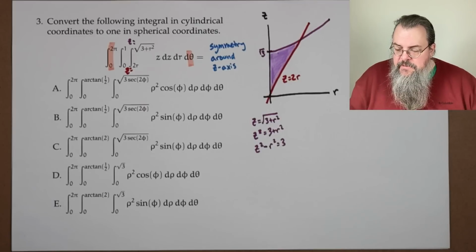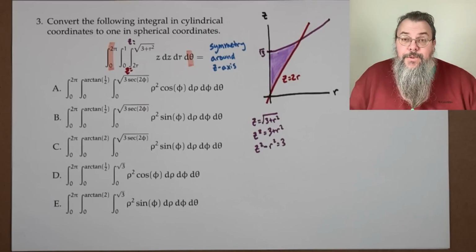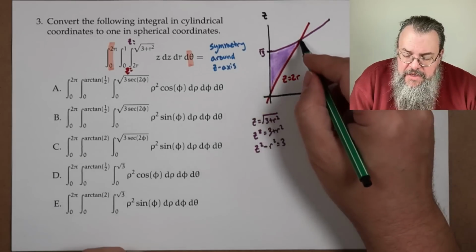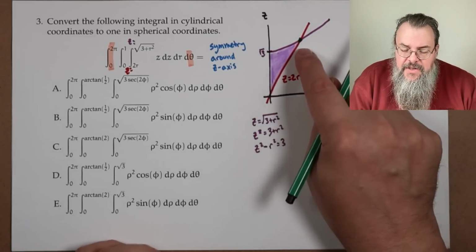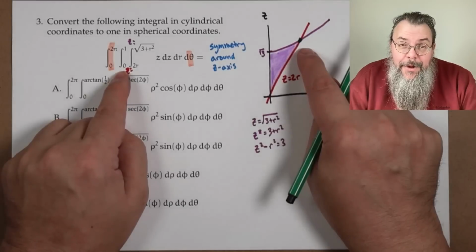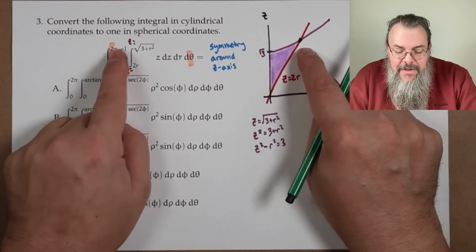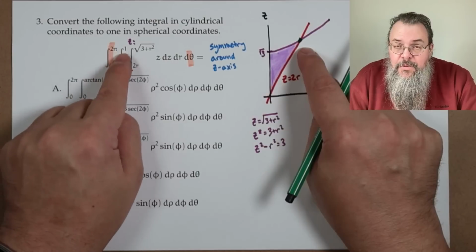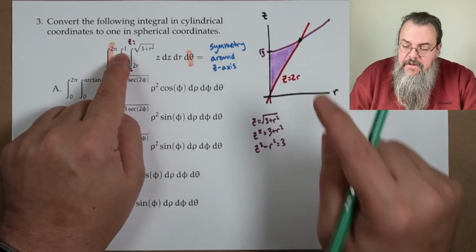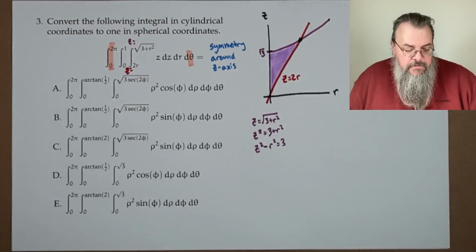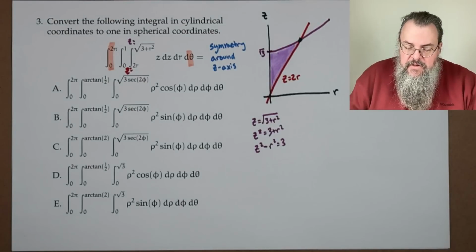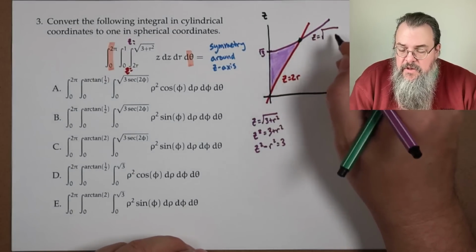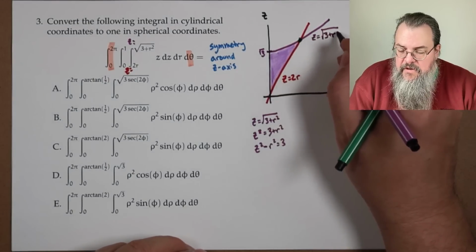Now, one important thing we need to figure out is where do they intersect? We really hope they intersect in a very convenient spot. Well, what would be really convenient for us, look at this bound. That is an R equals 1. Let's check. We didn't mark what that curve was, so we should write it down. So this is our curve Z equals the square root of 3 plus R squared.